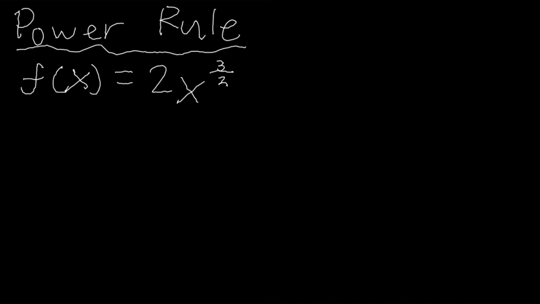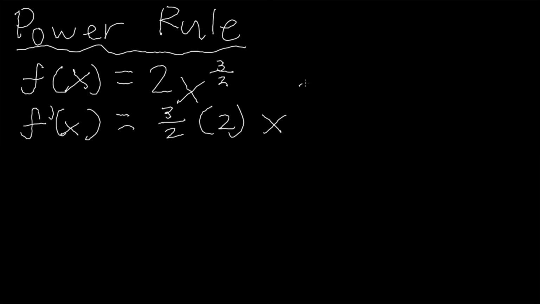Okay, next we have this function 2x to the power of 3 over 2. Now this is a little bit more difficult, but it's still manageable because we can do the same thing here. We move 3 over 2 to the front, and we do 3 over 2 minus 1, which is 3 over 3, or I meant 2 over 2, my bad.